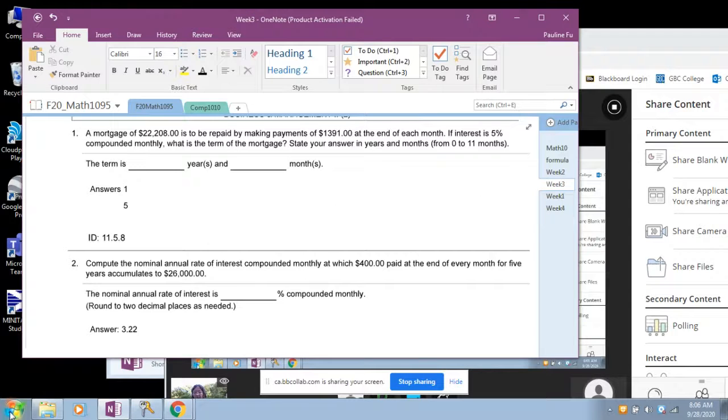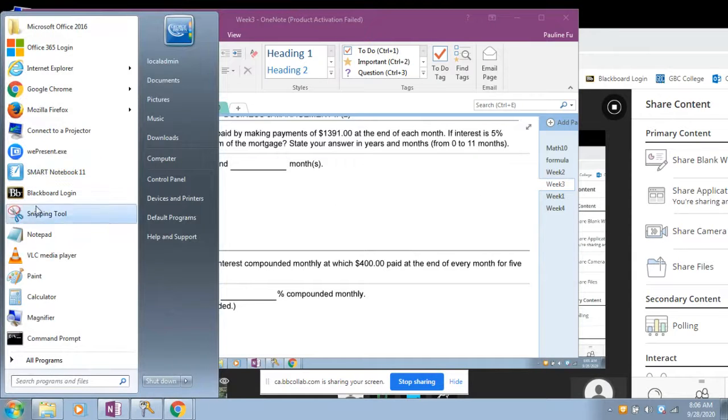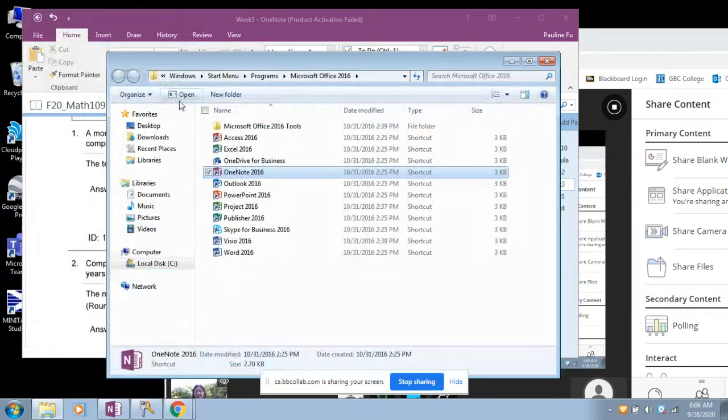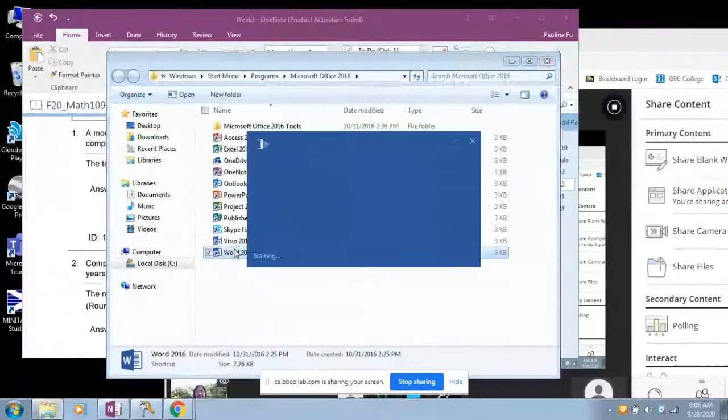Okay, so I'm just going to type in what we are going to do, what we have done so far, and what we are going to do today. Okay, try to pull out my Word document.